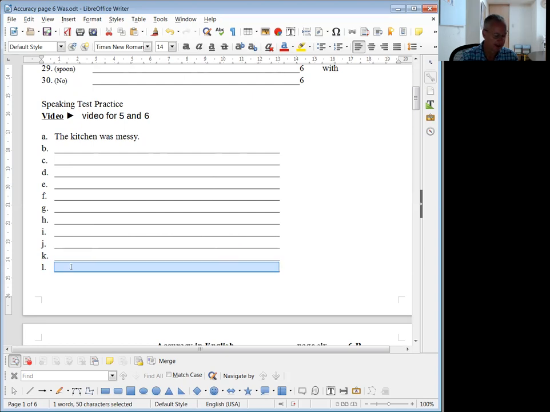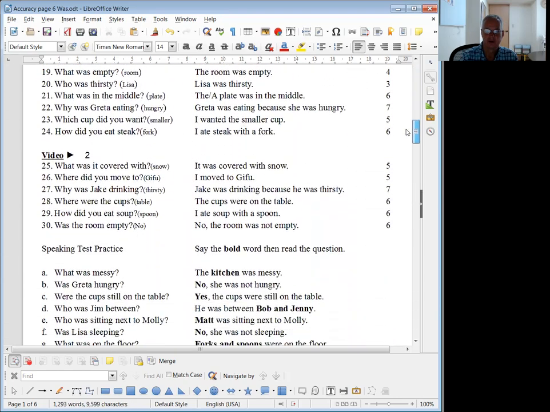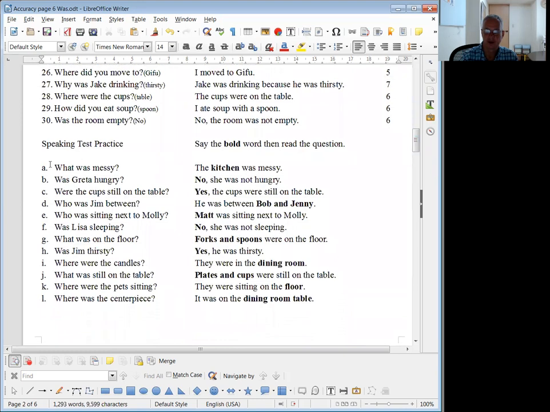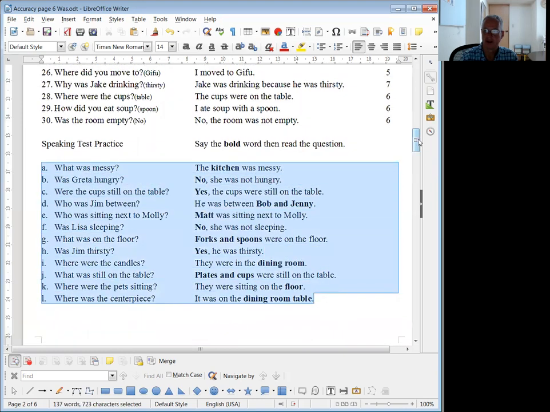L. Dining room table. Where was the centerpiece? You can check down here. And then we are finished.